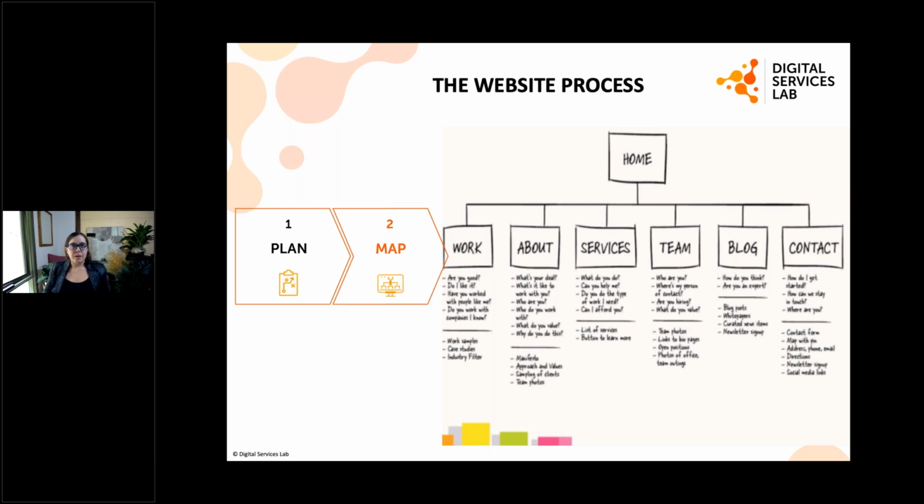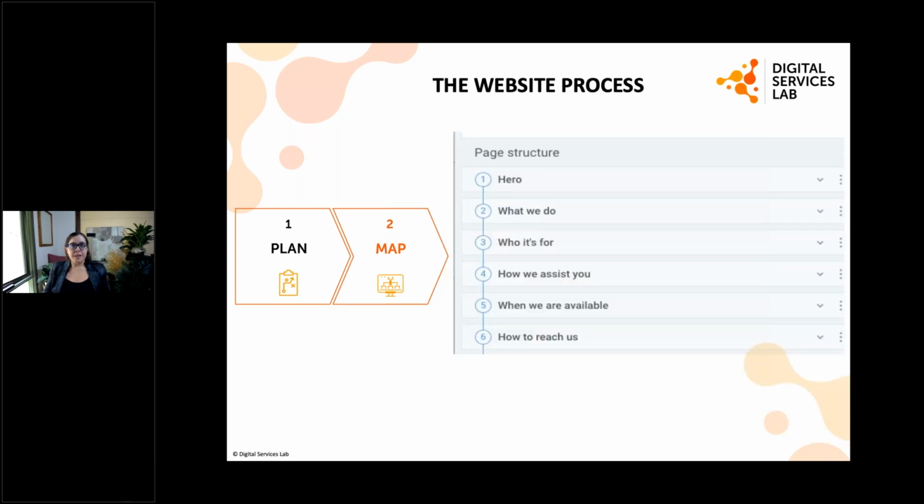So once you've mapped out the pages that you need, it's time to map out the structure of each page. This is where many of our clients actually get stuck because they have so much info that they want to share. It becomes hard for them to cut it and cull it down into readable, digestible, persuasive chunks of text.